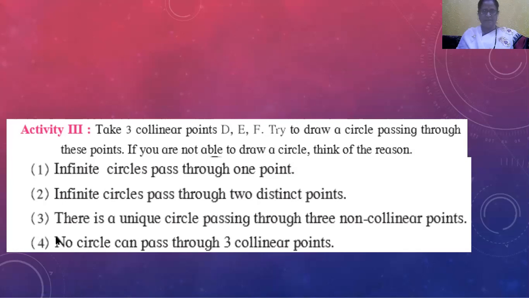And third, we have seen that there is a unique circle passing through 3 non-collinear points. No circle can pass through 3 collinear points. You do all these 3 activities at home.